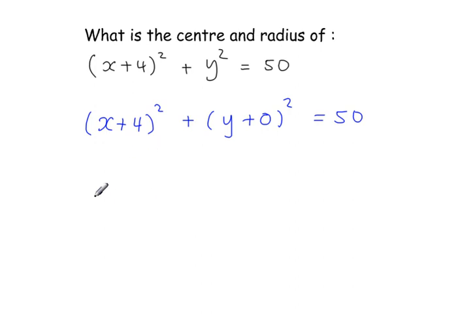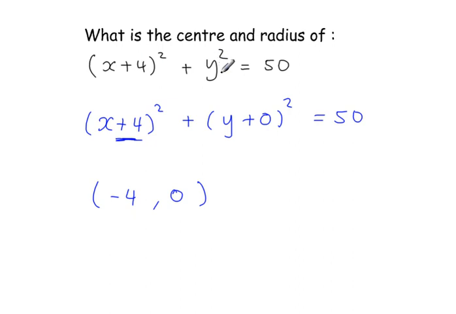So the center of the circle, that's a plus 4, so that goes like this, minus 4, that's a 0, that's still going to be 0. So the thing to remember here is if there's no number, like if that 4 was missing there, then the x coordinate would have been 0.